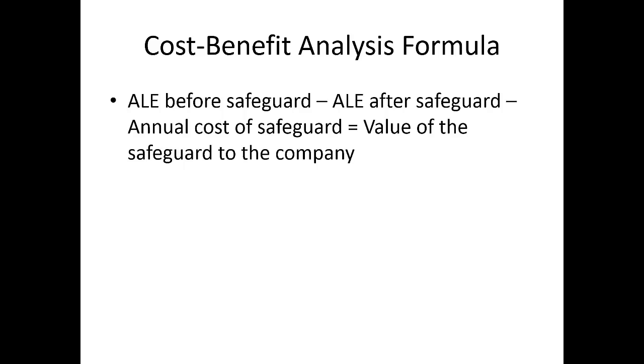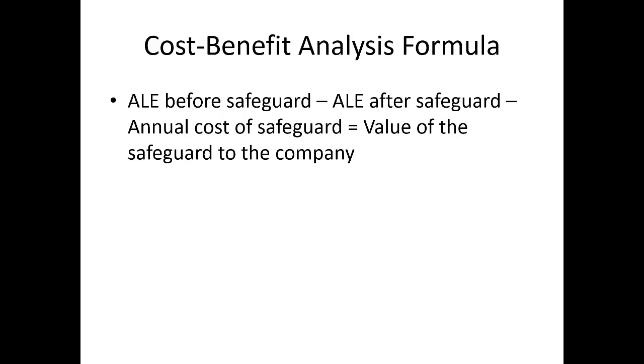We now know what annualized loss expectancy is, but there could be two different kinds of ALEs, meaning annualized loss expectancy before a safeguard was deployed, and also after a safeguard was deployed.